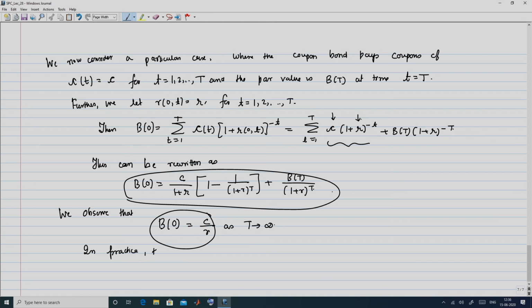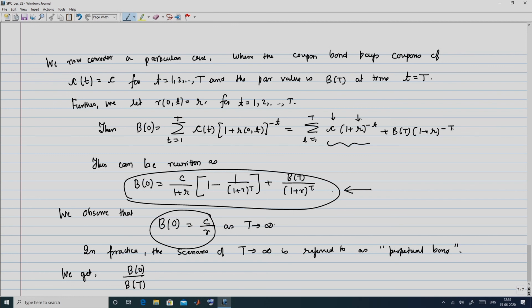In practice, the scenario of T tending to infinity is referred to as what is known as a perpetual bond.